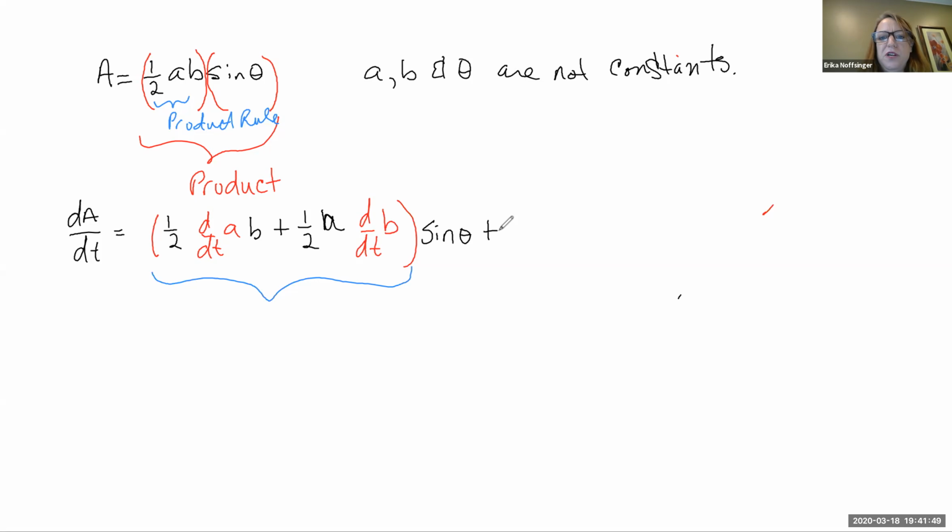So the first was the 1/2 AB times the derivative of sine theta.